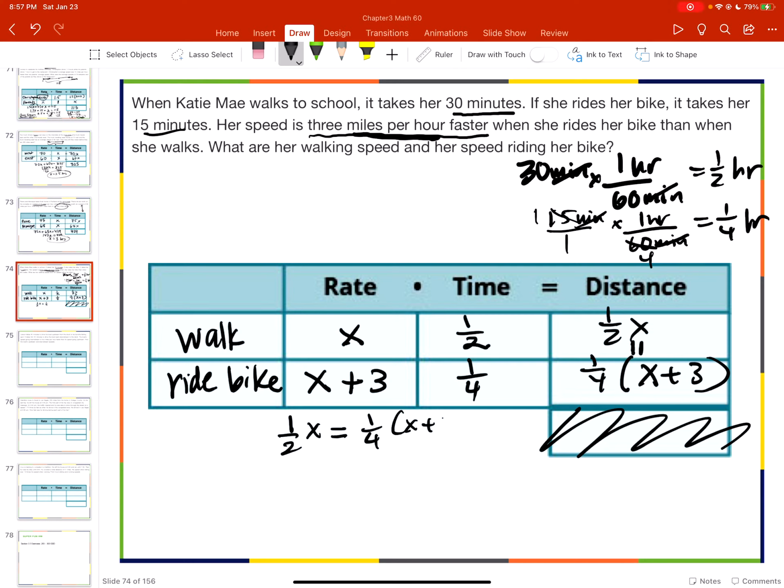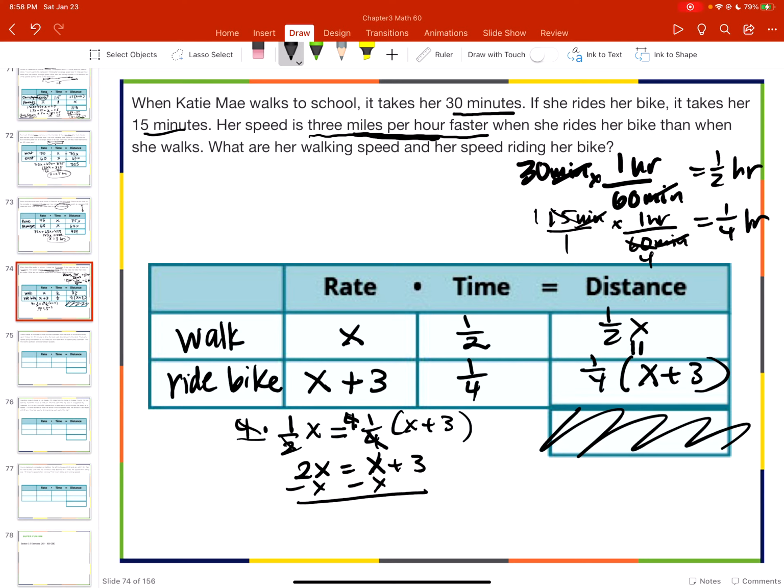So let's go ahead and multiply across. One trick you could do here, by the way, I know it doesn't talk about it very much in the book, is that this has an LCD of 4. So let's see what happens if I multiply both sides by 4. It's still okay, right? This will cancel out on the right-hand side, and 4 times 1/2 will be 2x. So now you just have 2x is equal to x plus 3, which is a lot nicer than dealing with those fractions.